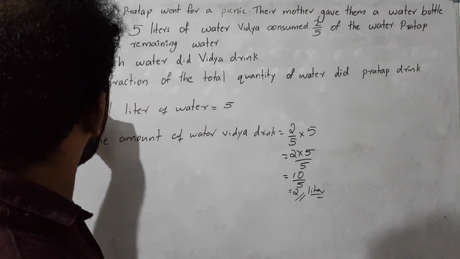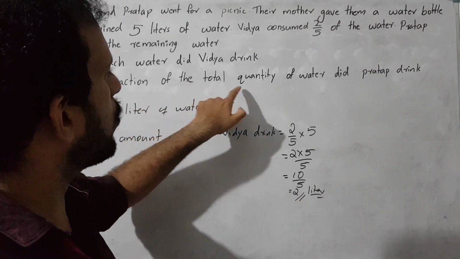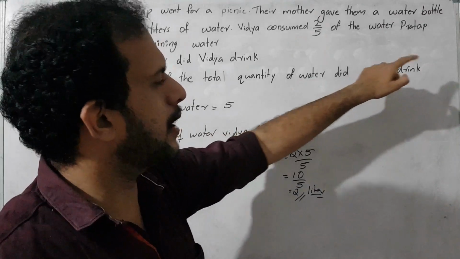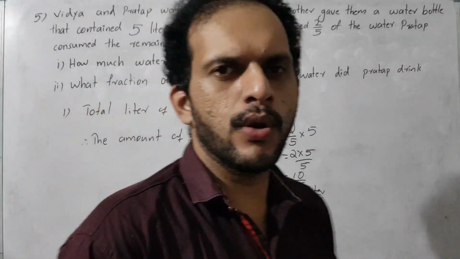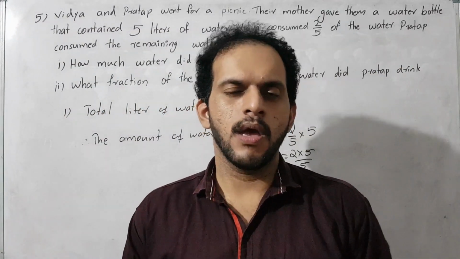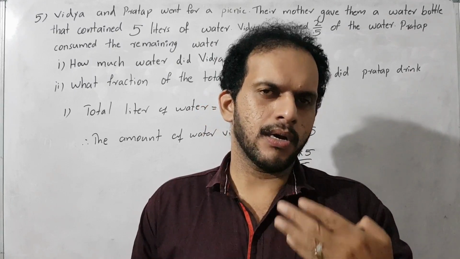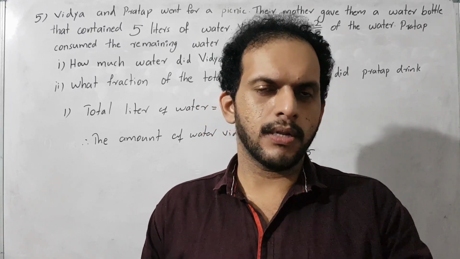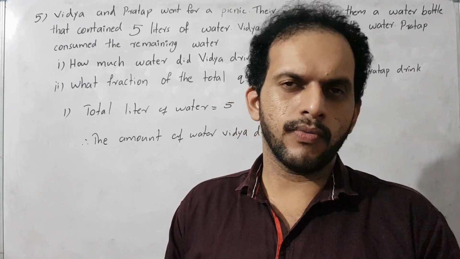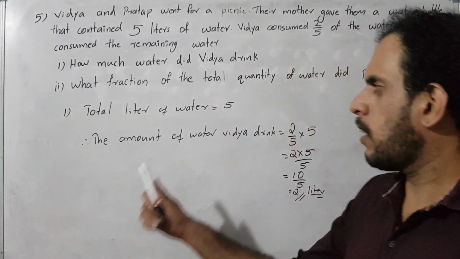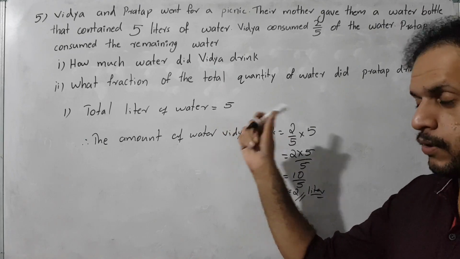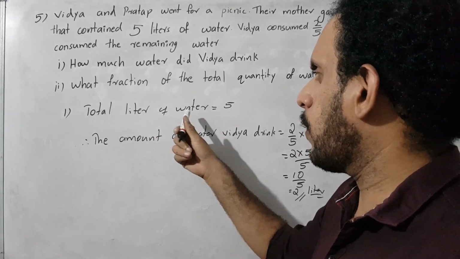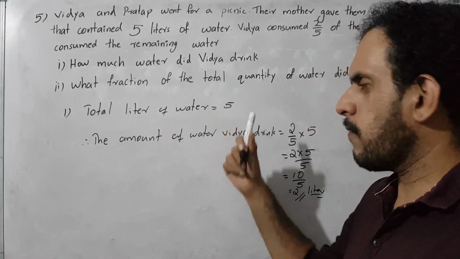The second question is what fraction of the total quantity of water did Pradap drink? For writing that, we need to know first how many liters Pradap consumed. Correct? Then how do we get that? We know the total liters of water is equal to 5.